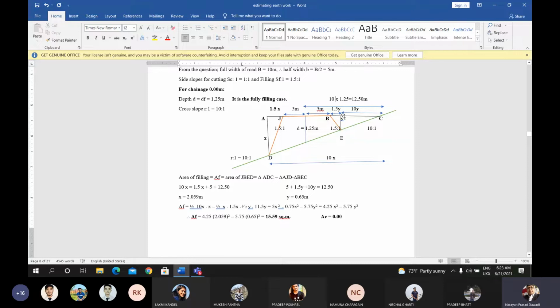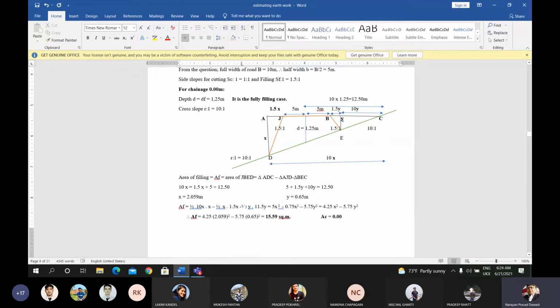So from the perpendicular towards the left hand side to B, the horizontal distance will be 1.5y. Similarly, for this triangle, the perpendicular is y, and towards the right hand side of this, the distance will be 10y, because the slope for this right hand side triangle of perpendicular y has the slope of 10 is to 1.